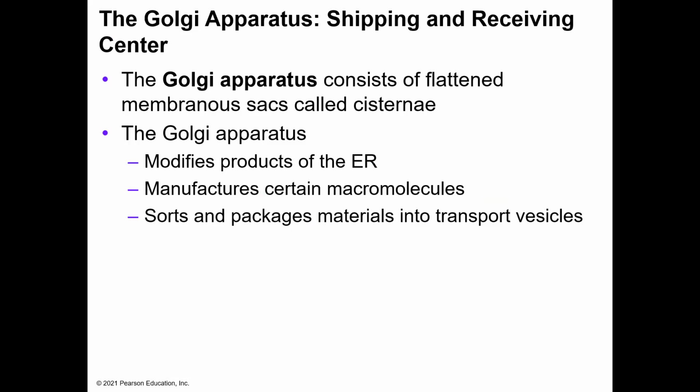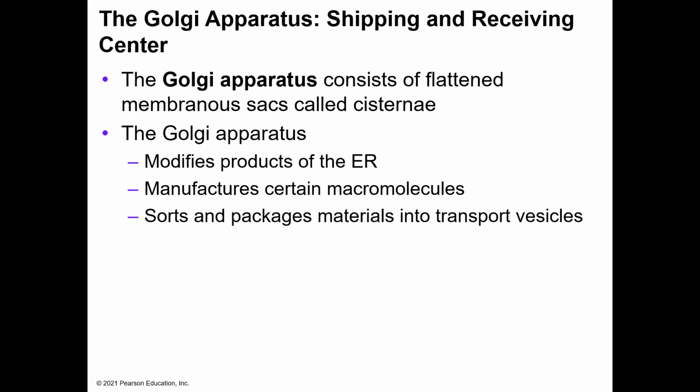And the Golgi is responsible for sending those products to the correct spot. The Golgi can also manufacture certain macromolecules. So sometimes you need to, you know, the Golgi is like a housing spot for ingredients.